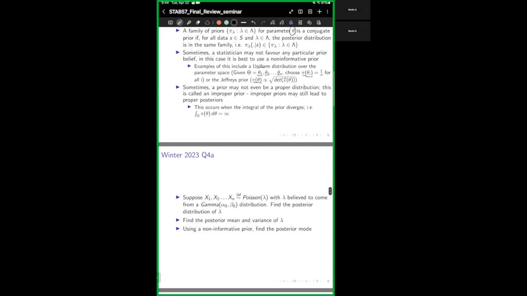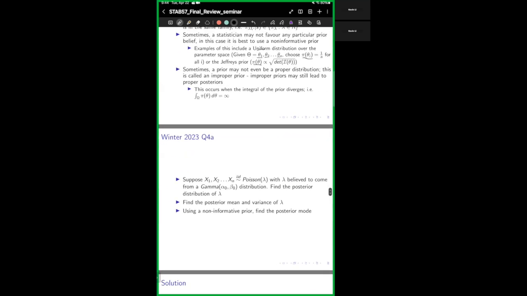Okay, so now we will have a question. Suppose x1, x2, all the way up to xn are IID Poisson with parameter lambda, where lambda is believed to come from a gamma distribution with alpha naught and beta naught as its parameters. Find the posterior distribution of lambda.